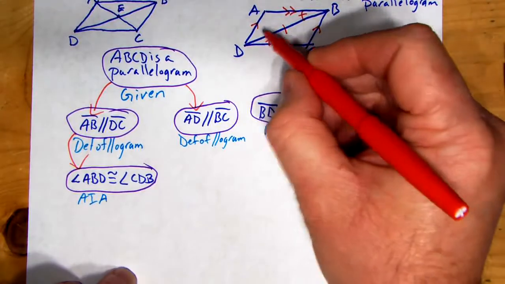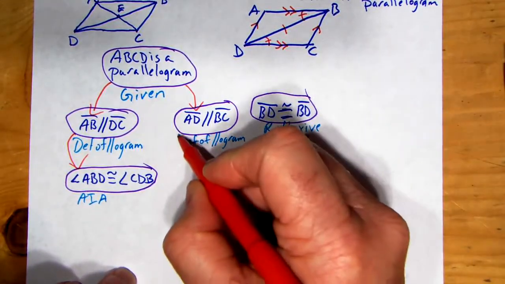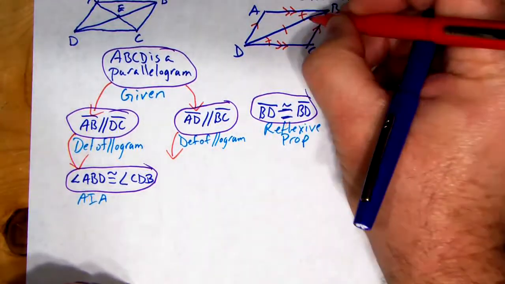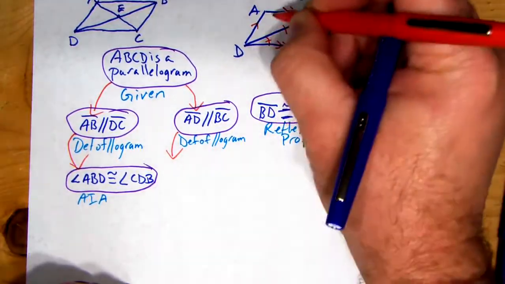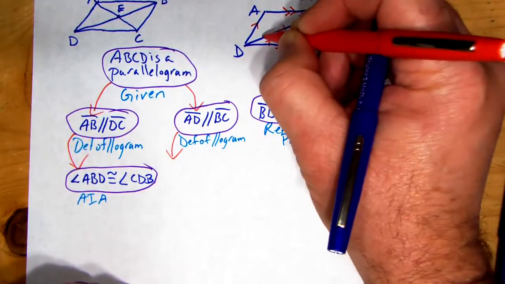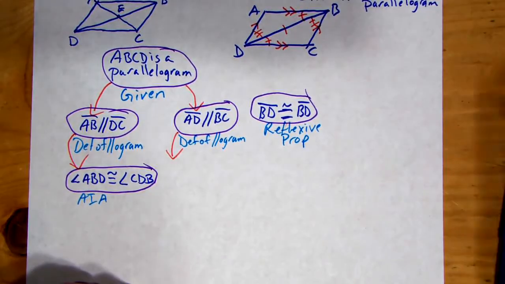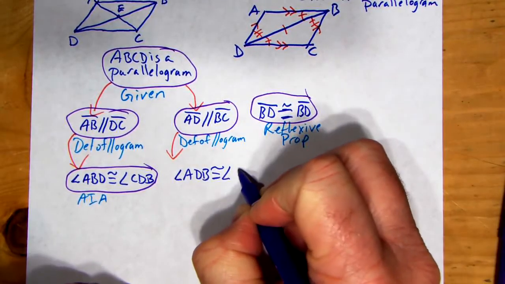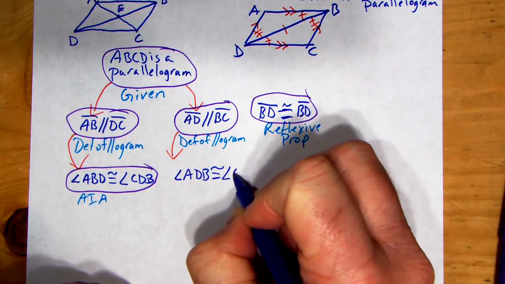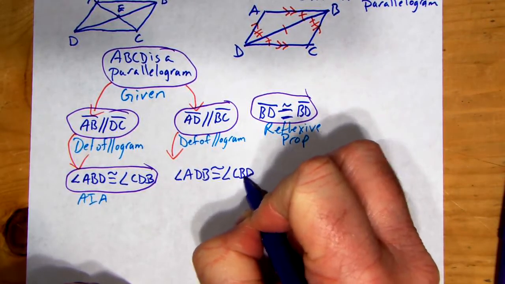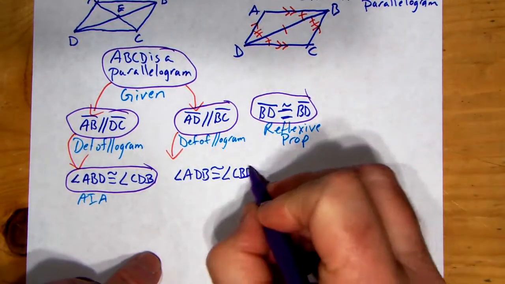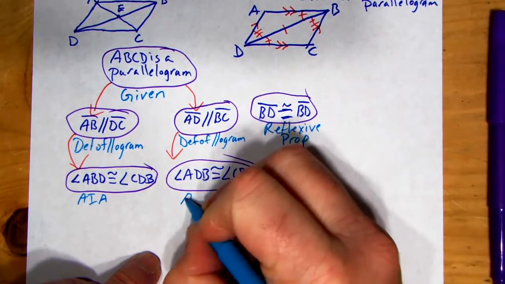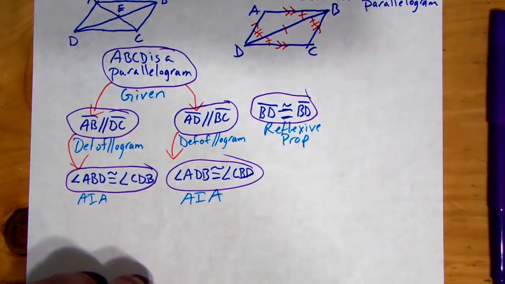Similarly, coming off of AD being parallel to BC, we will have the statement that CBD and ADB are congruent. And that's also because they're alternate interior angles between parallel lines, which are congruent.